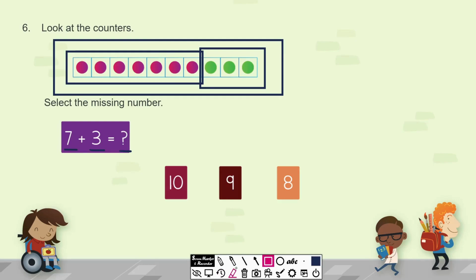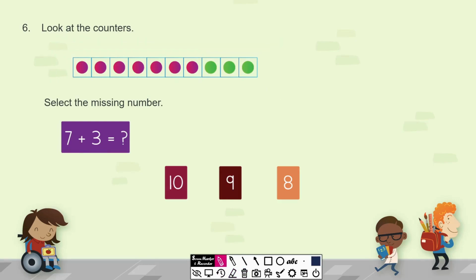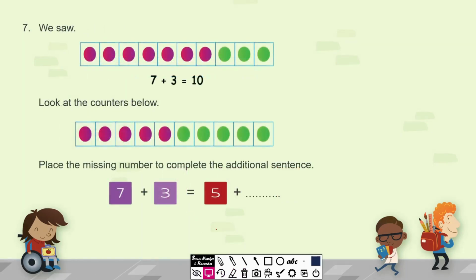So, what is the sum? 1, 2, 3, 4, 5, 6, 7, 8, 9 and 10. Yes, we sang it very nicely. 7 plus 3 is equal to 10. Good. We saw 7 plus 3 is equal to 10.